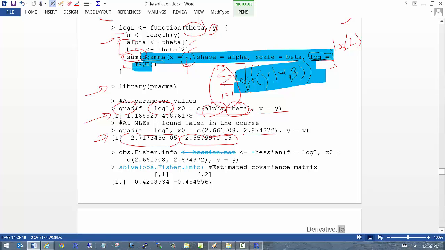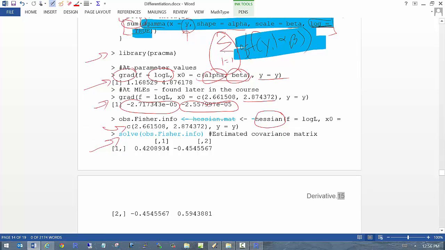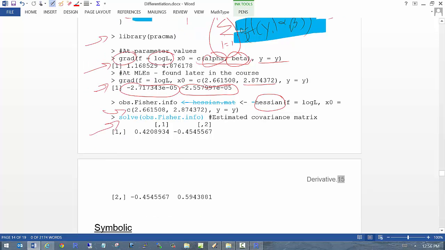And so I can use the Hessian function here to find a matrix of second derivatives. And notice how I'm evaluating them at the MLEs. And then using the solve function in R, that allows me to find the estimated covariance matrix.